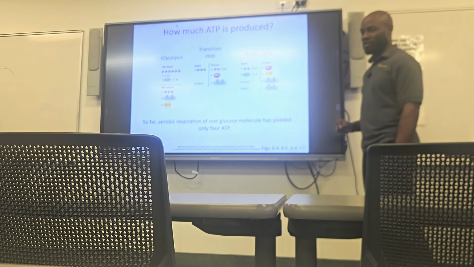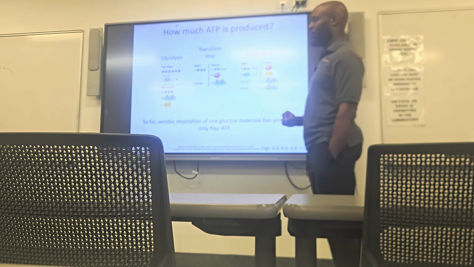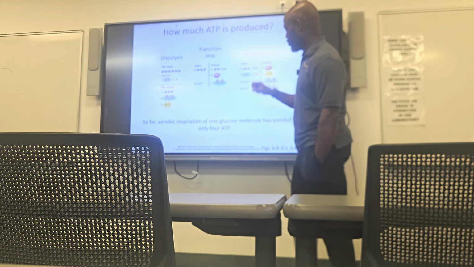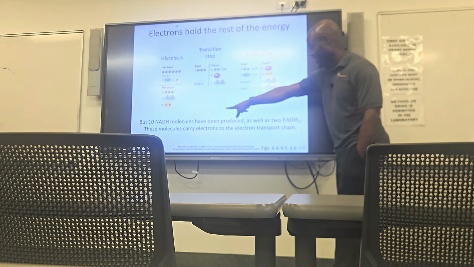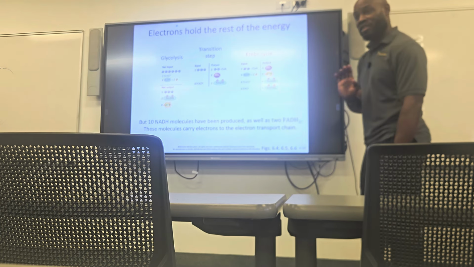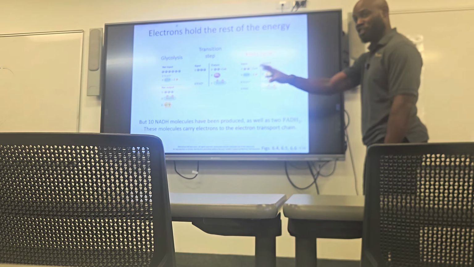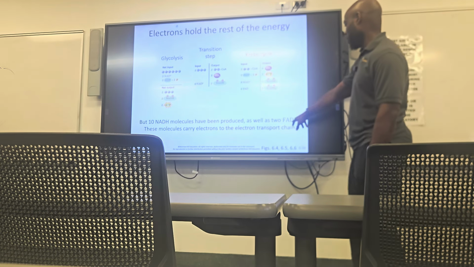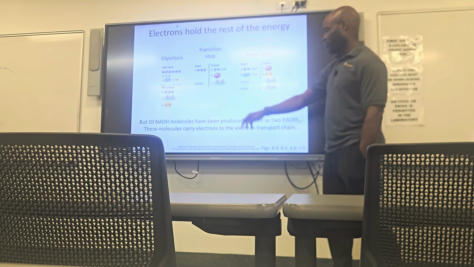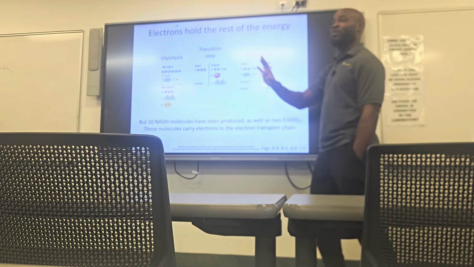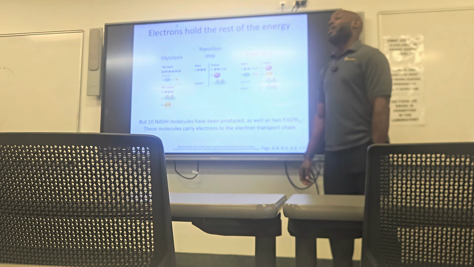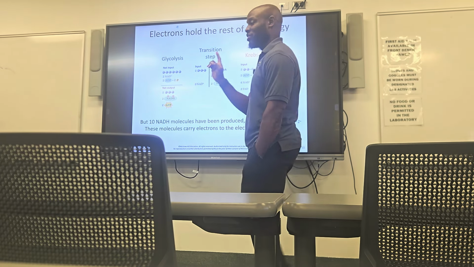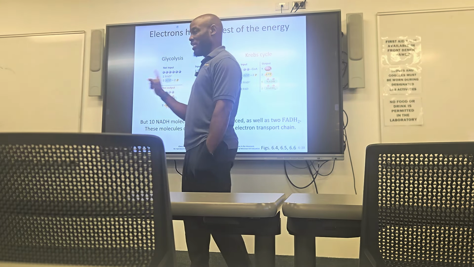Still not enough for our bodies to be able to survive. We need more. But we have 10 NADH molecules, where energy has been transferred, as well as 2 FADH2 molecules. And they're going to carry more electrons, which means carry energy, into this electron transport chain, which is going to help us make more ATP.